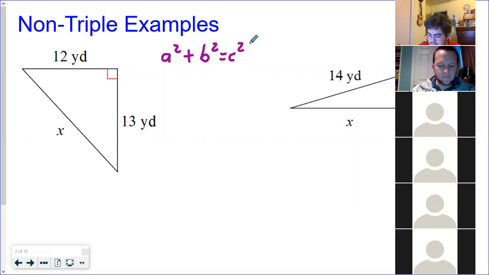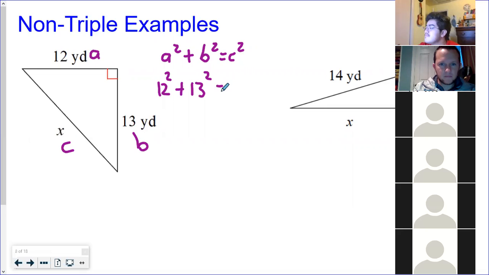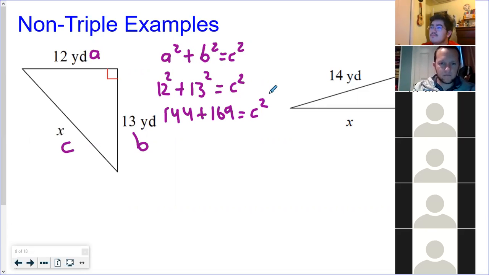So 12 yards could be A, 13 yards is B, and X is the hypotenuse, so that's C. So then you'd write that in. 12 squared plus 13 squared equals C squared. 12 squared equals 144, and then plus 169 equals C squared. And then you'd add that together, and I don't know what that is.